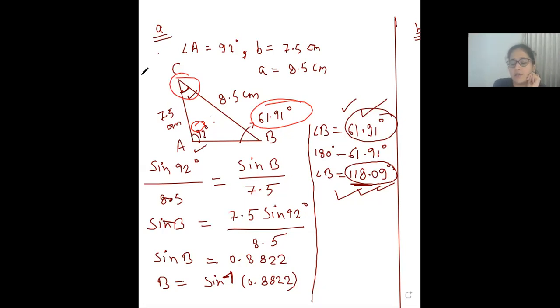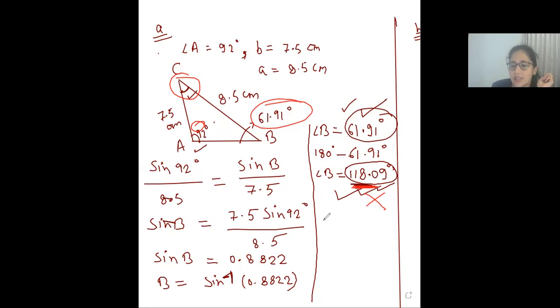The second case is not possible because that value is already more than 180 degree. That means from this given information, we cannot draw two triangles.